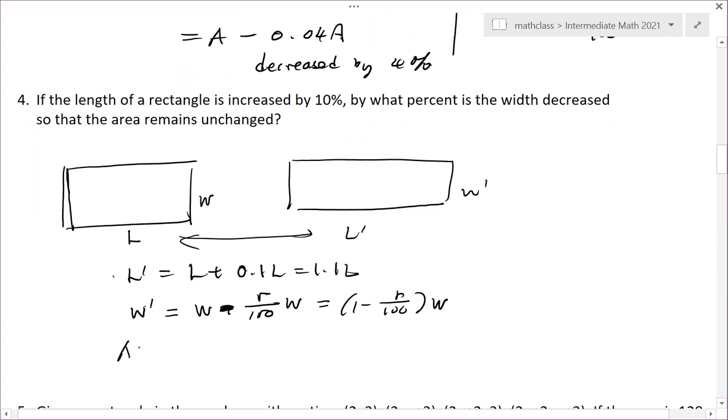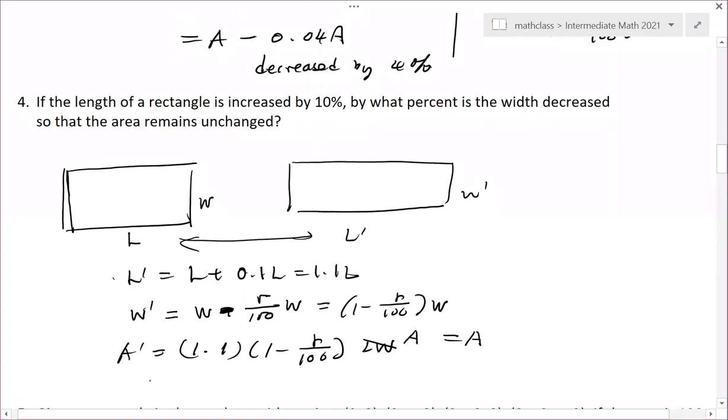Then the area is going to be the product of those two numbers, and that is the original area, A. Now, we said the new area should be equal to the original area A. So you end up with an equation, then you try to solve it.